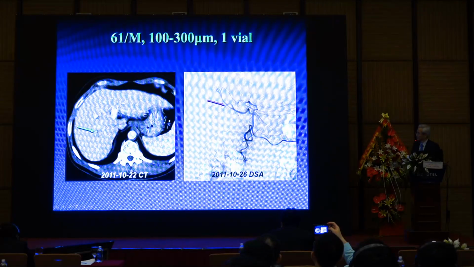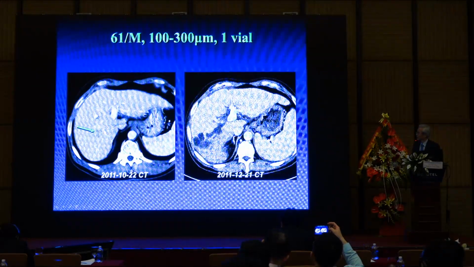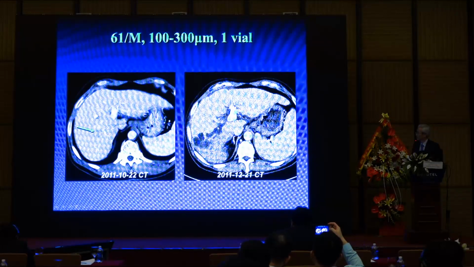Here you can see a small tumor in the right posterior section. The right posterior section artery was completely embolized with drug-eluting beads. After that, you can see the tumor was completely necrotized.